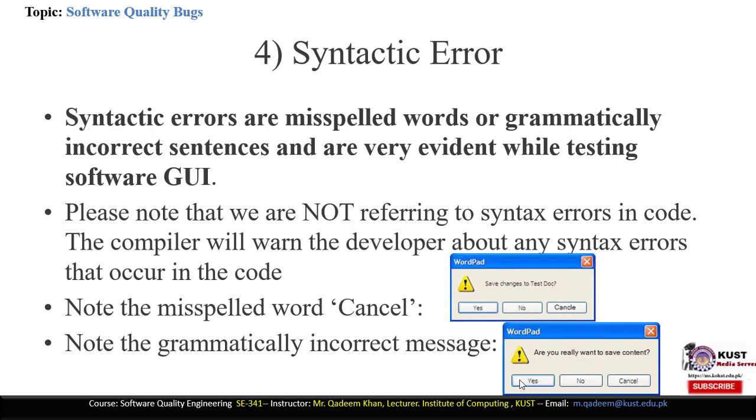The fourth one is called syntactic errors. Syntactic errors are grammatical errors, or misspelled word errors. They are errors which result in misspelled or wrongly spelled words, and are also the result of grammatical mistakes. That means there are sentences which have spelling mistakes or grammatical mistakes in the software's GUI.